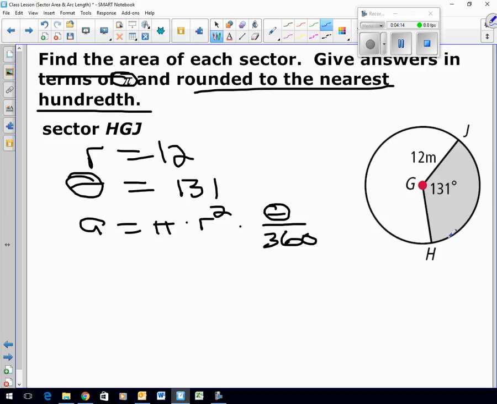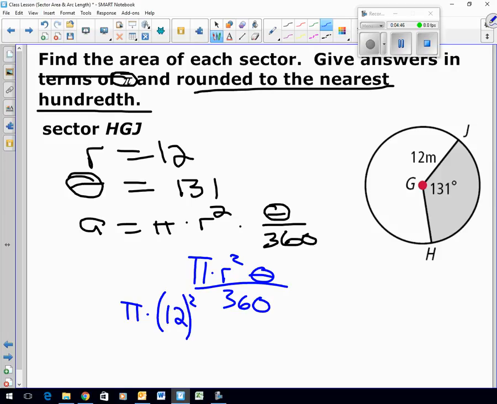So this expression is the same as pi r squared theta over 360. Let me teach you how to do this. Get your calculator. On your calculator, hit the fraction symbol. Type in the pi symbol, then hit times, put parentheses, put 12, parentheses squared, like that.